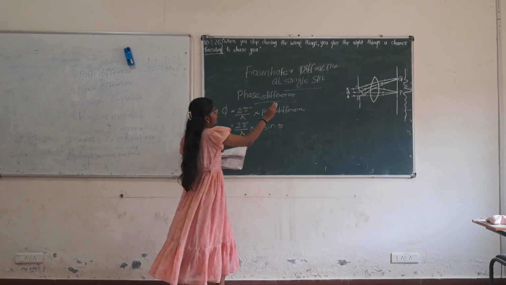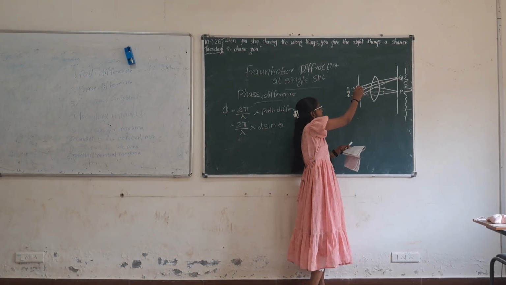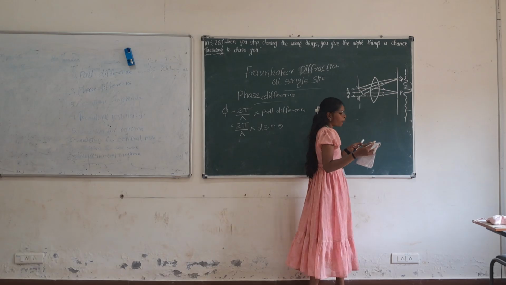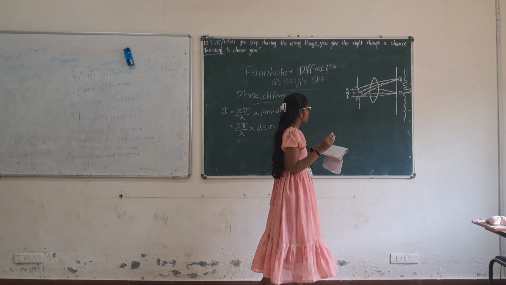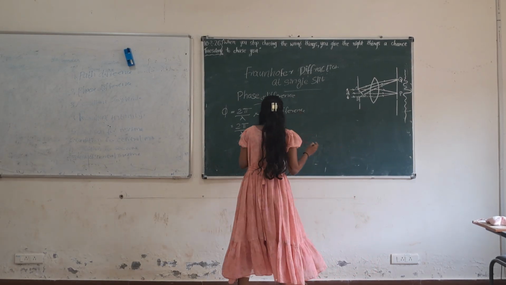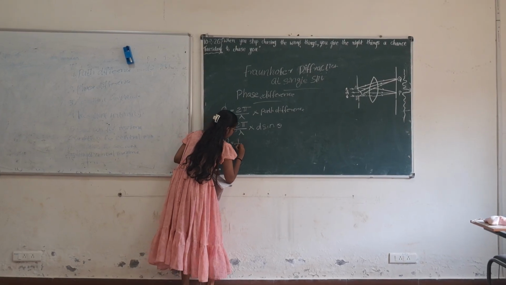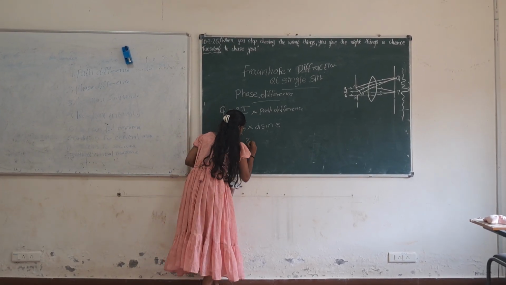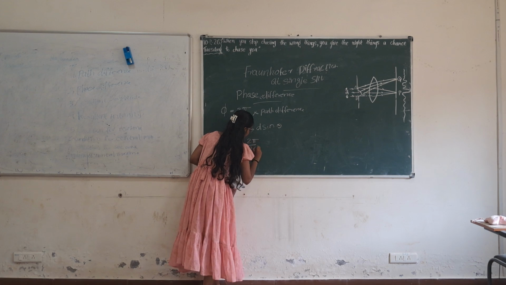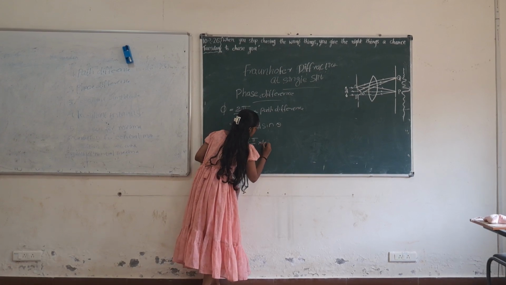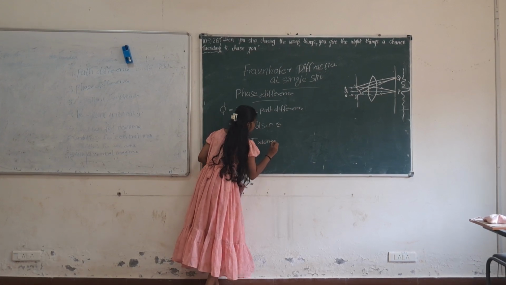In between the slit A and B, there are so many points. Let the slit AB be divided into n equal parts. So phi, the phase difference, is equal to 1 by n into 2 pi by lambda into d sin theta.